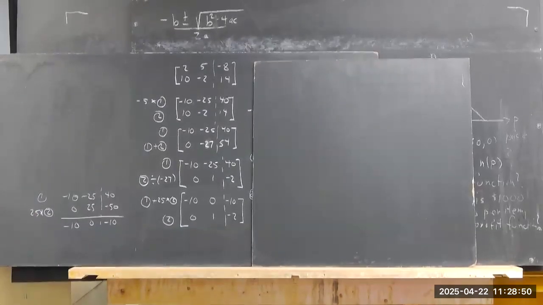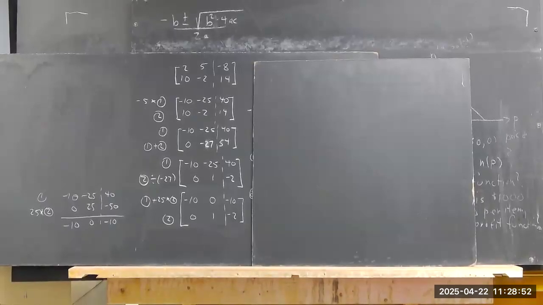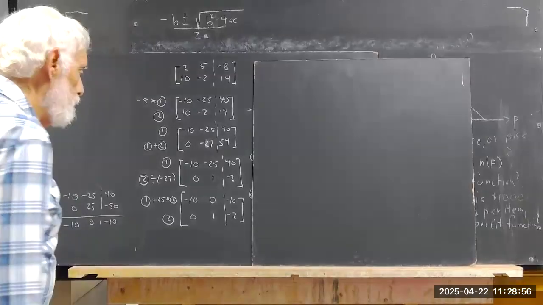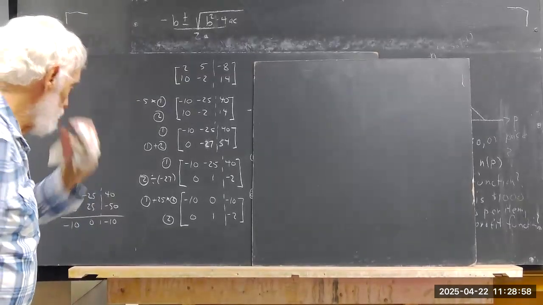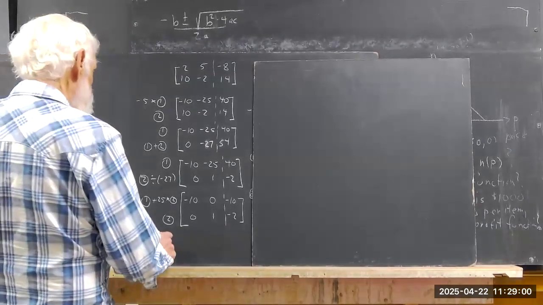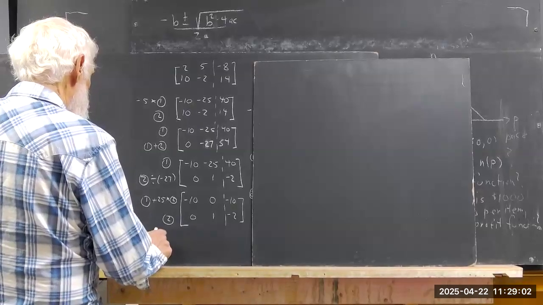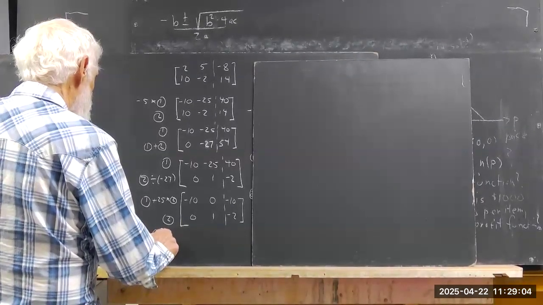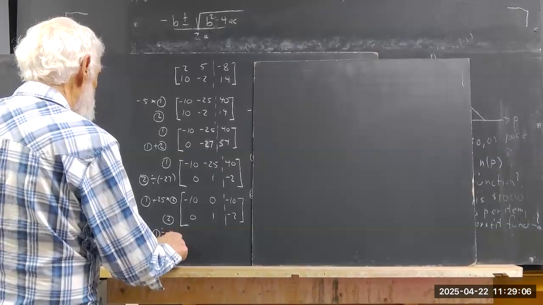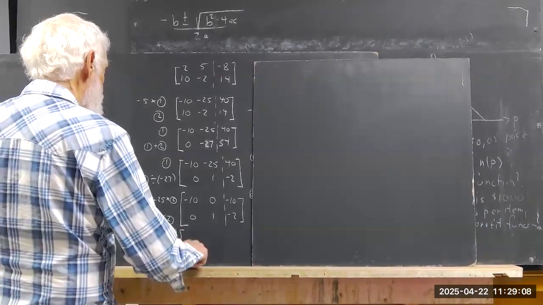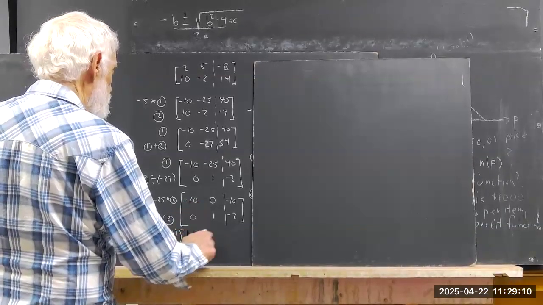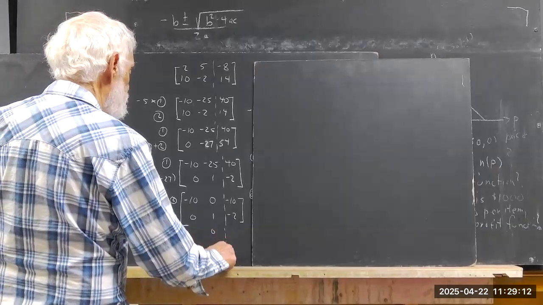And make sure I can see all that. Then finally, divide row 1 by -10. Gives me a 1 here and a 0 here.